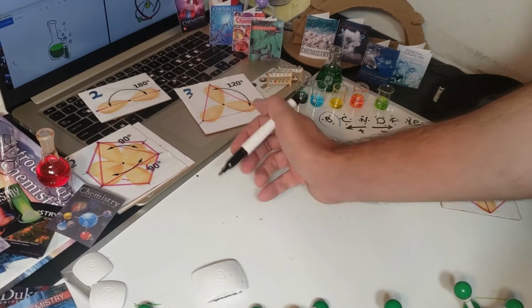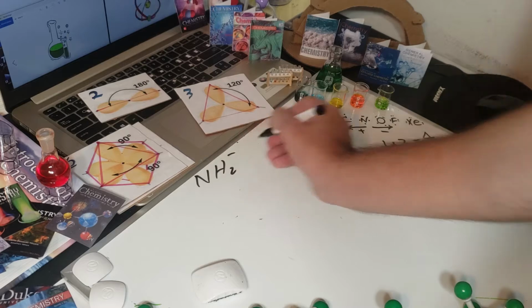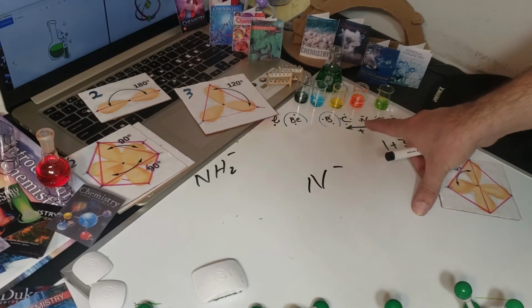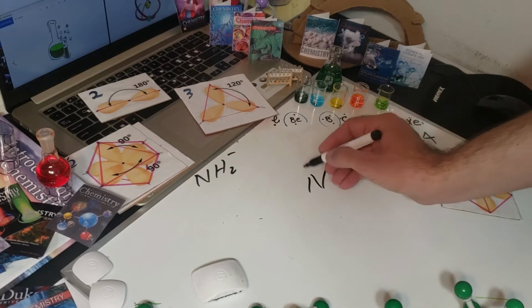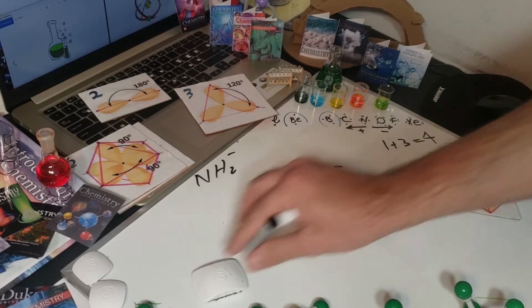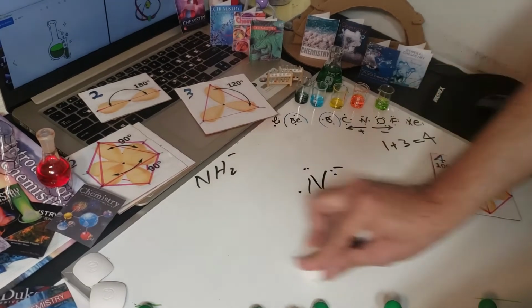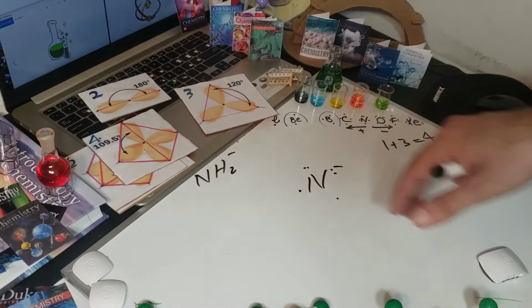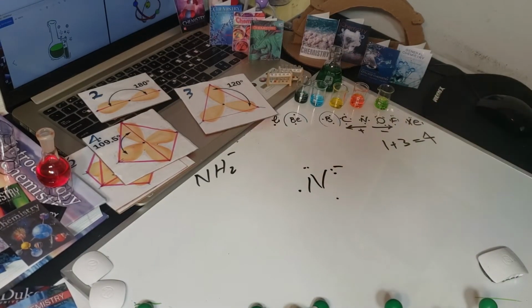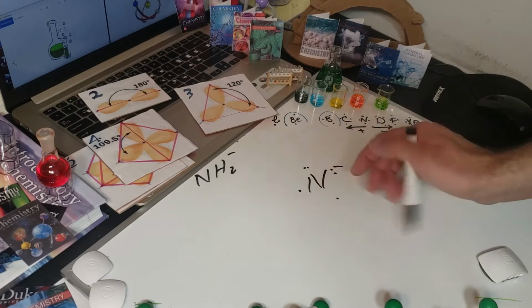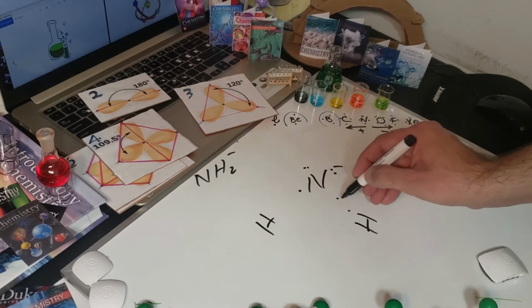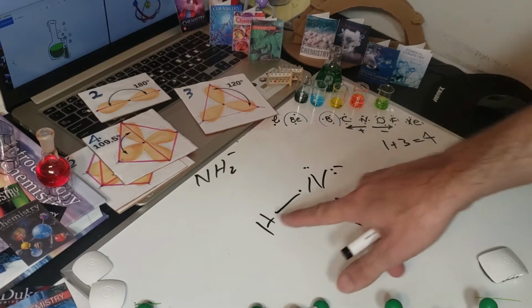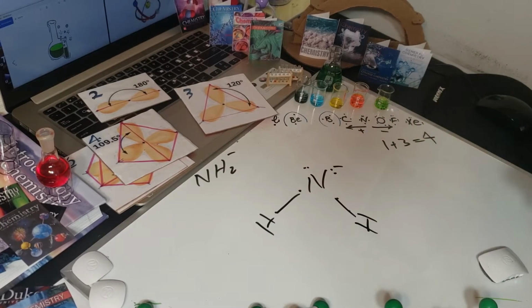Let's go to yet another example real quick: NH2 minus. Now for NH2 minus, you have N negative, and negative means moving towards more electrons. So just like oxygen, it has 6 electrons in its valence shell. That means you have the configuration of oxygen: 2 lone pairs, 2 single reacting electrons, and 2 hydrogens. When I share the single reacting electrons, it not only satisfies the 2 hydrogens, it also satisfies my nitrogen negative.